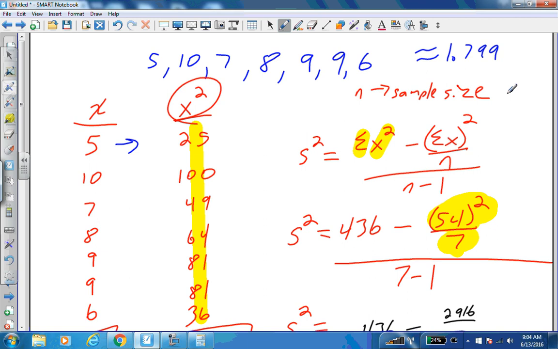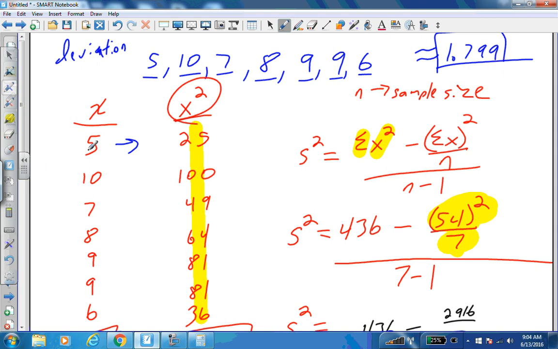Now, none of them are exactly that distance from our average, but if we take how far each data value is from the average, each deviation, and average out that deviation, then on average, that's about how far our points are from the mean.